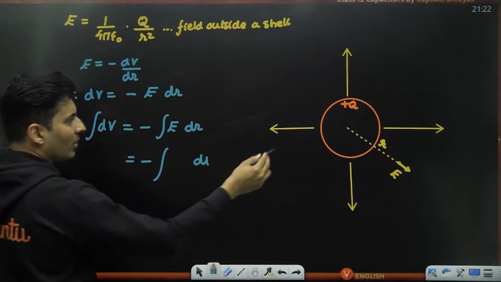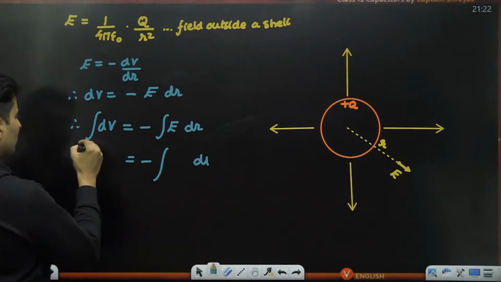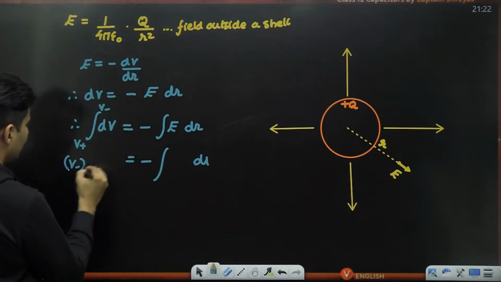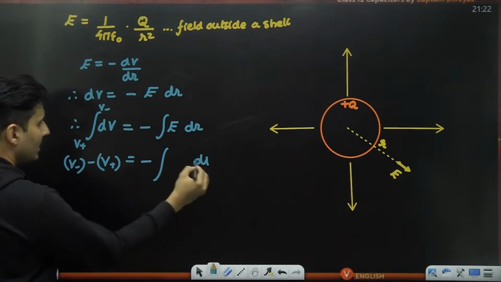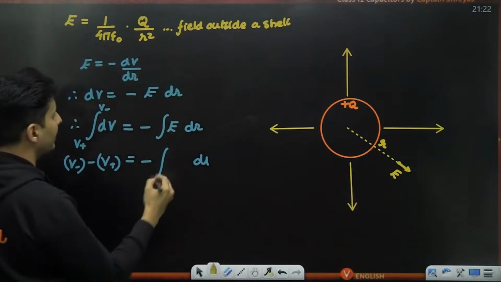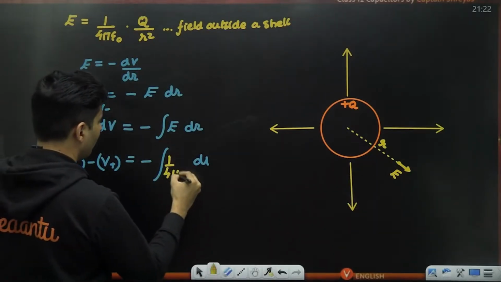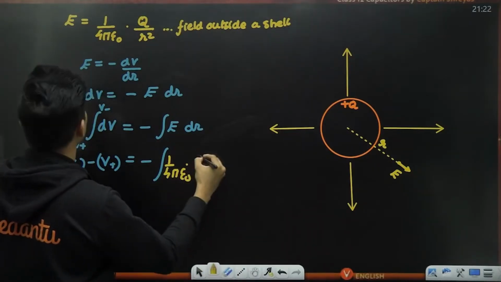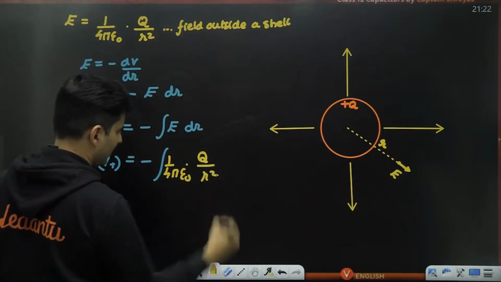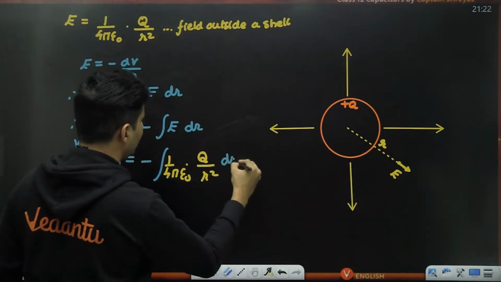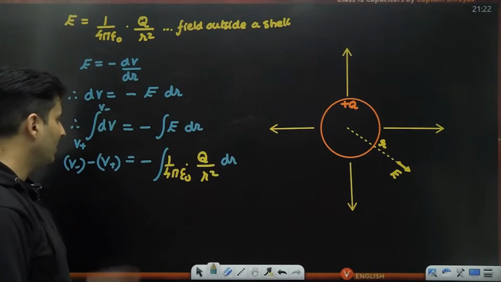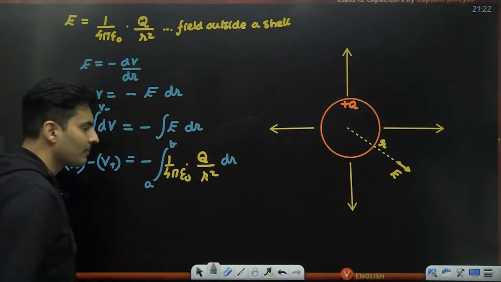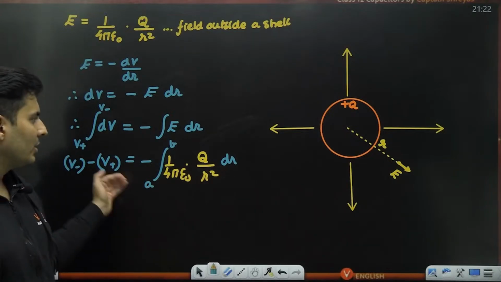We are going from high to low, so let's say this is V plus to V minus. So it will be V minus minus V plus, and this electric field is 1 by 4 pi epsilon naught, Q divided by R square, times dr. Integrated with proper limits, you are starting from radius A to radius B.